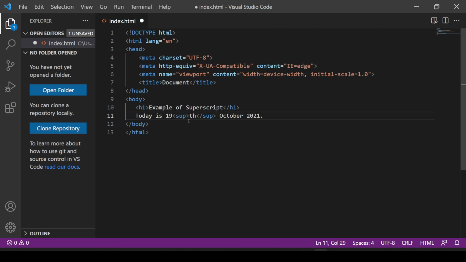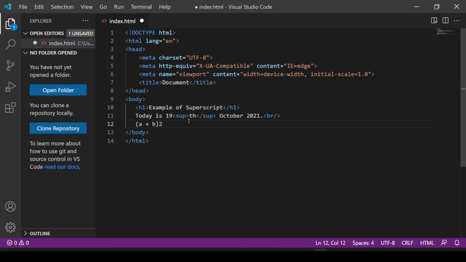Okay. Another example can be used in math formulas, that is a plus b's whole square.